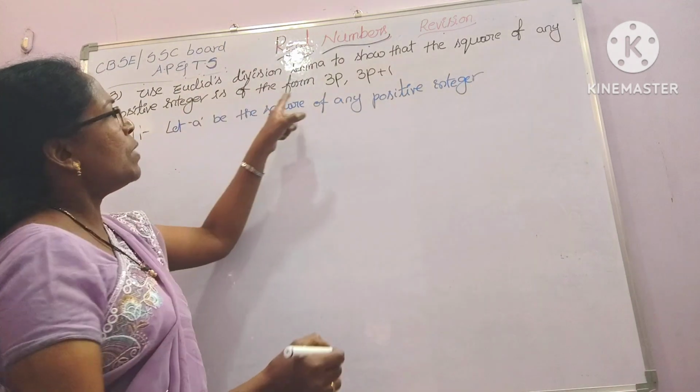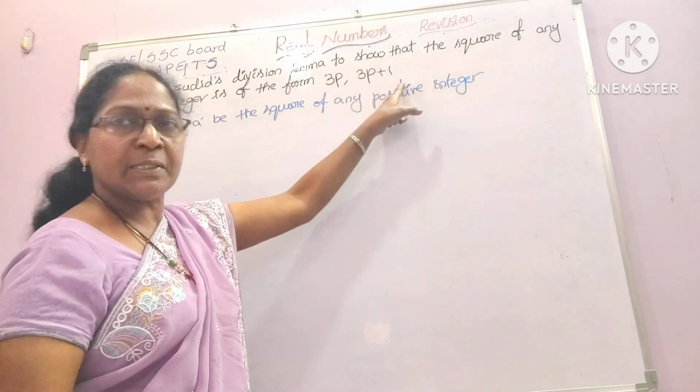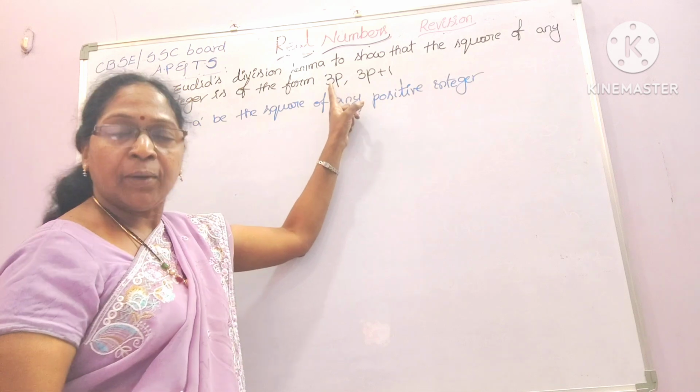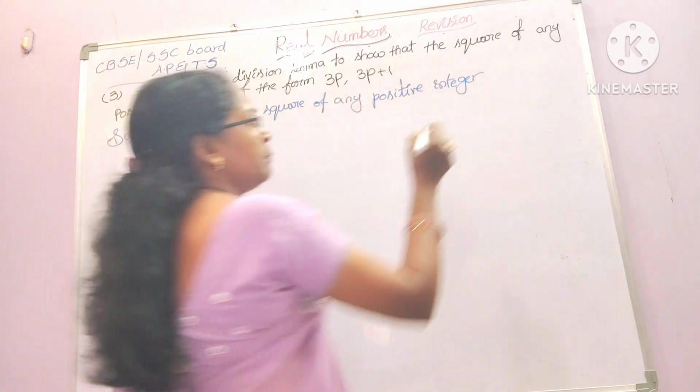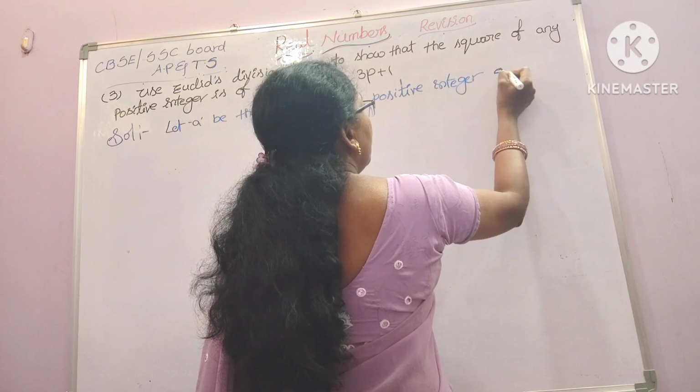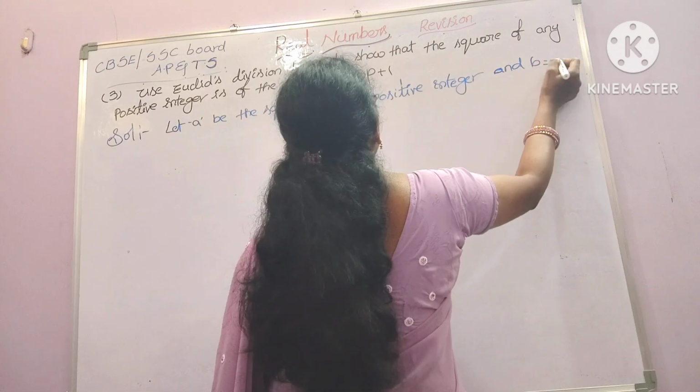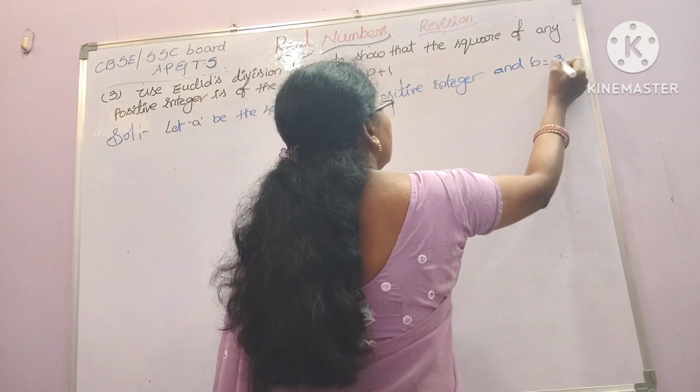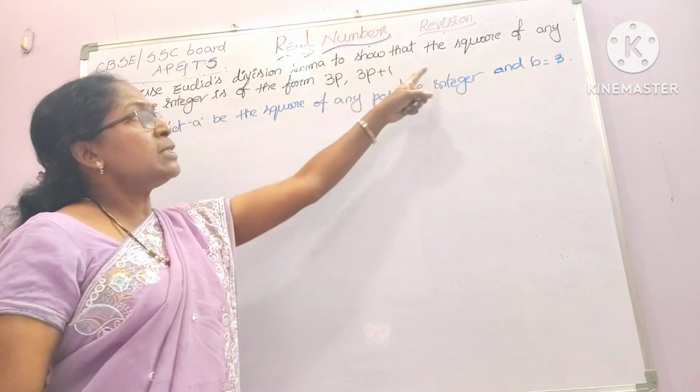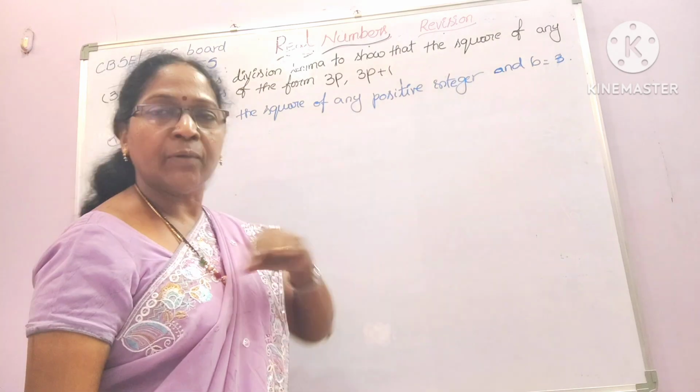And b equal to how much? In this, 3p and 3p plus 1. With this variable, whatever the number is given, that you have to assume as b. So b equal to, sorry, 3. First you write: a value is the square of any positive integer and b equal to 3.